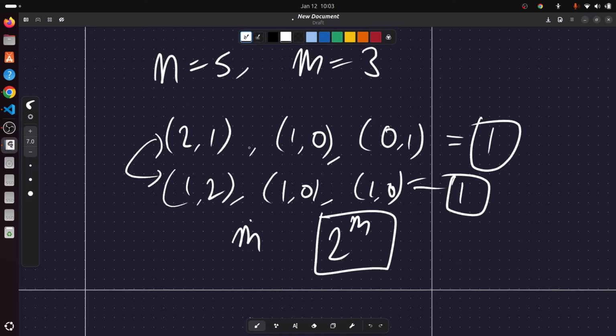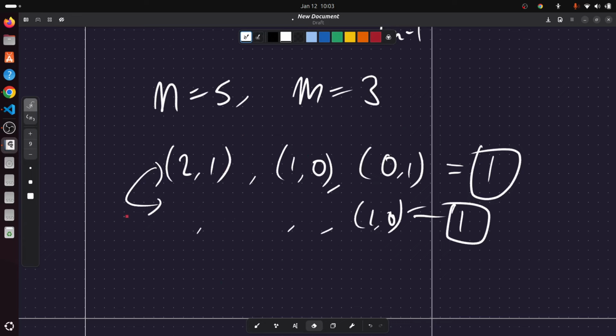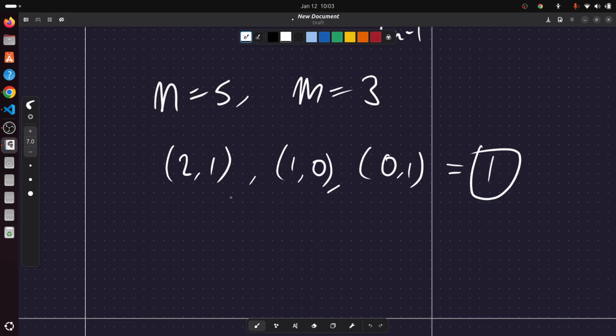Here, if I want to find the answer for n equal to 5, m equal to 3, one way is to break it like this: 2 1, 1 0, 0 1.